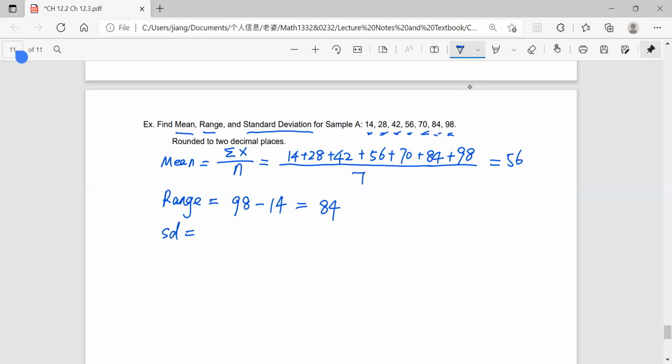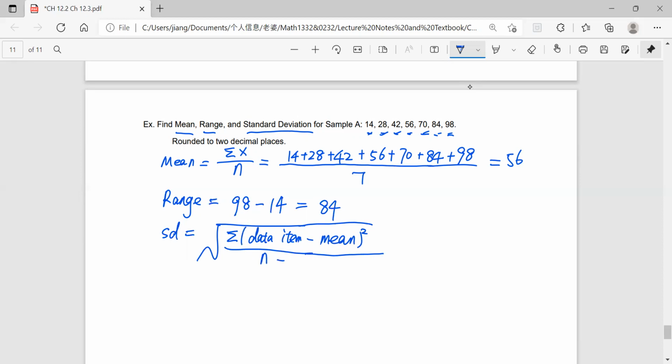We have learned that SD equals the square root of the sum of the data item minus mean, squared, add them together, and then divided by n minus 1.